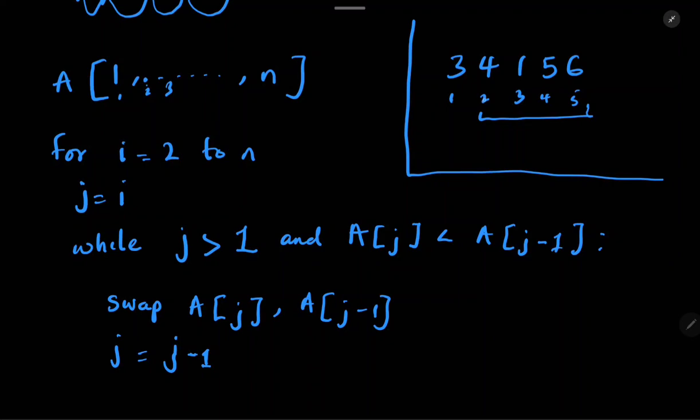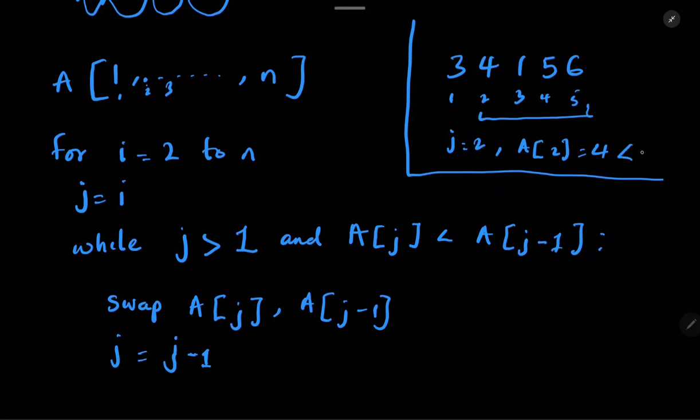J is equal to I. So let's start with the first one. Let's say J equals 2. Right? So while J is greater than 1 and A[J] is less than A[J-1]. So J is greater than 1, as you can see, because right now in this instance J is 2. A[J], where J is 2, is equal to 4, because at position 2 the number is 4.